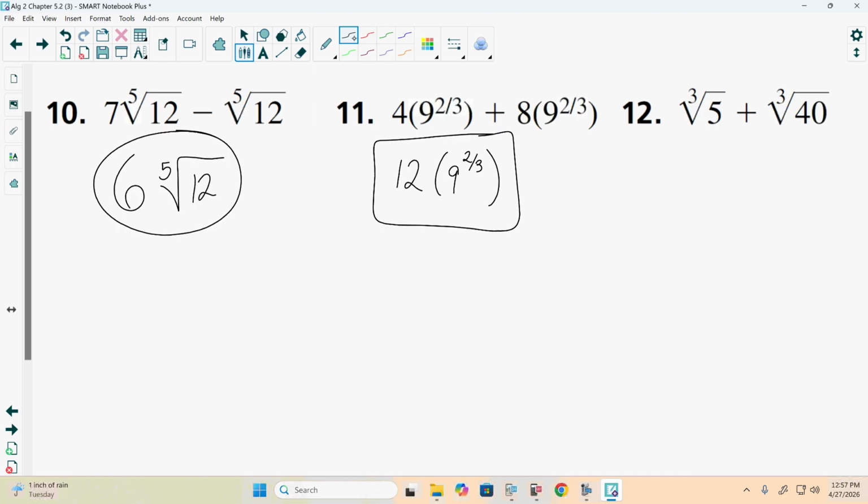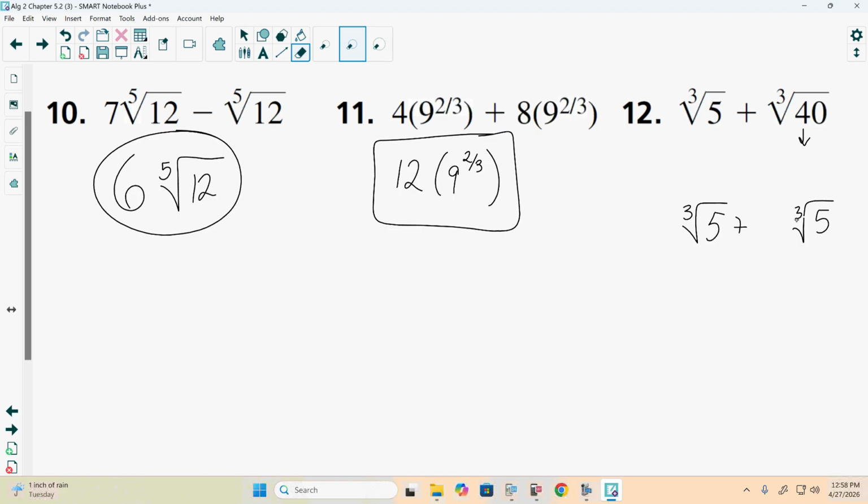Let's look at 12. For us to be able to add these, we really need to be able to rewrite the cubed root of 40 as something times the cubed root of 5, yes? Would we agree with that statement? Because if both of these had the cubed root of 5, we'd be able to add them.